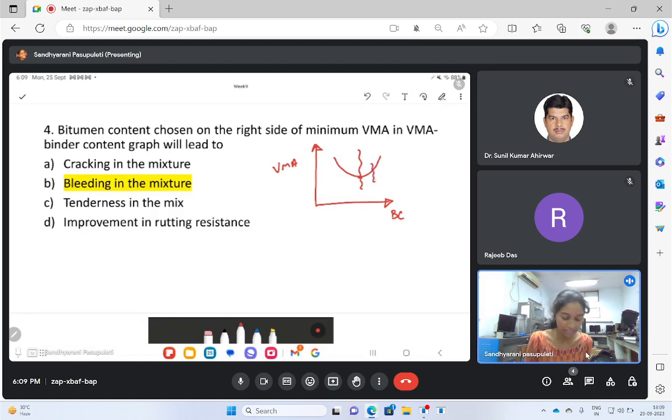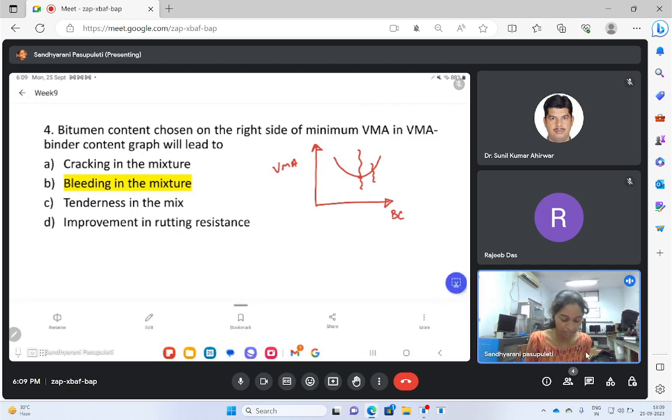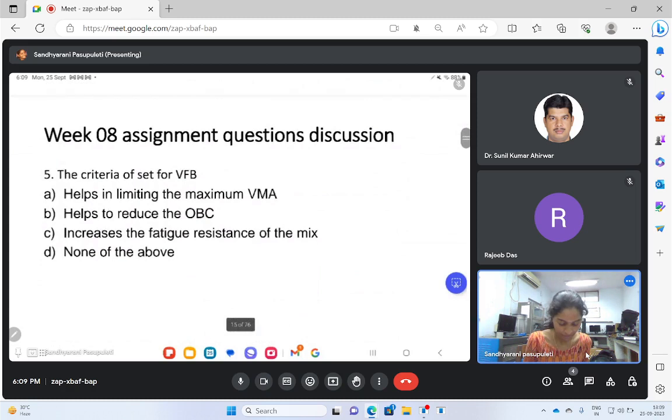If it is on the wet side, there is a higher bitumen content than required, which will lead to bleeding in the mixture.